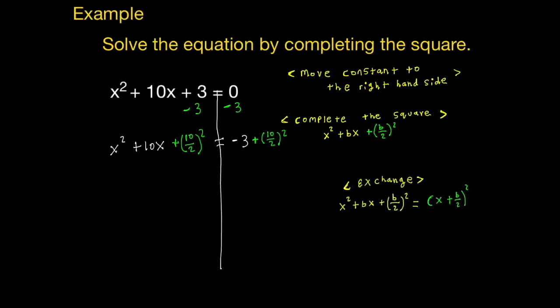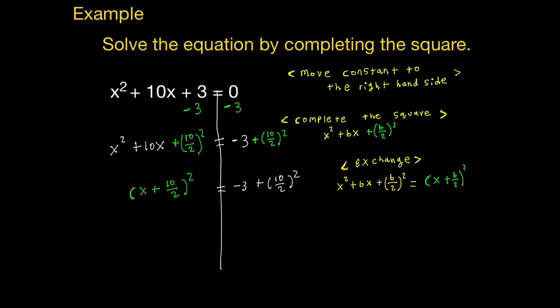Next, I'm going to exchange my perfect square trinomial for the binomial to the second power. On the left-hand side, we can now exchange the trinomial for x plus 10 over 2 raised to the second power. And that's going to equal negative 3 plus 10 over 2 to the second power.